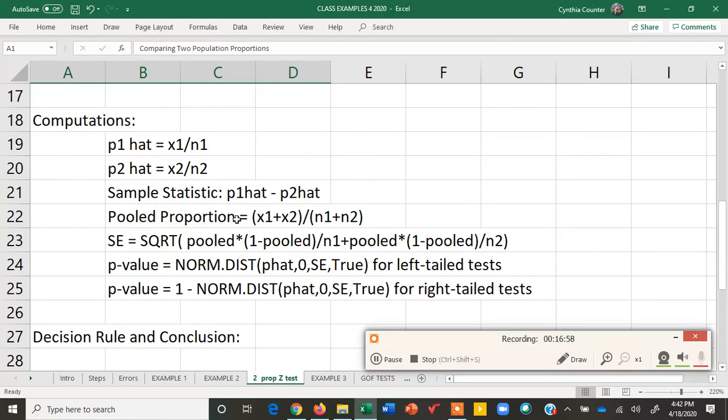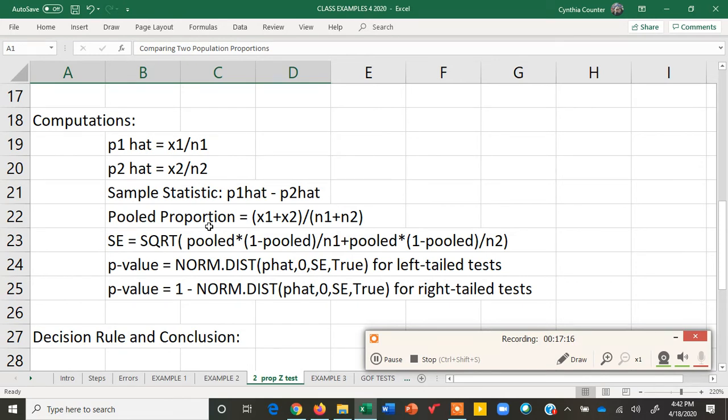The pooled proportion is what we get when we add the number of successes from the two samples together and divide that by the sum of the sample sizes. Why can we compute a pooled proportion?